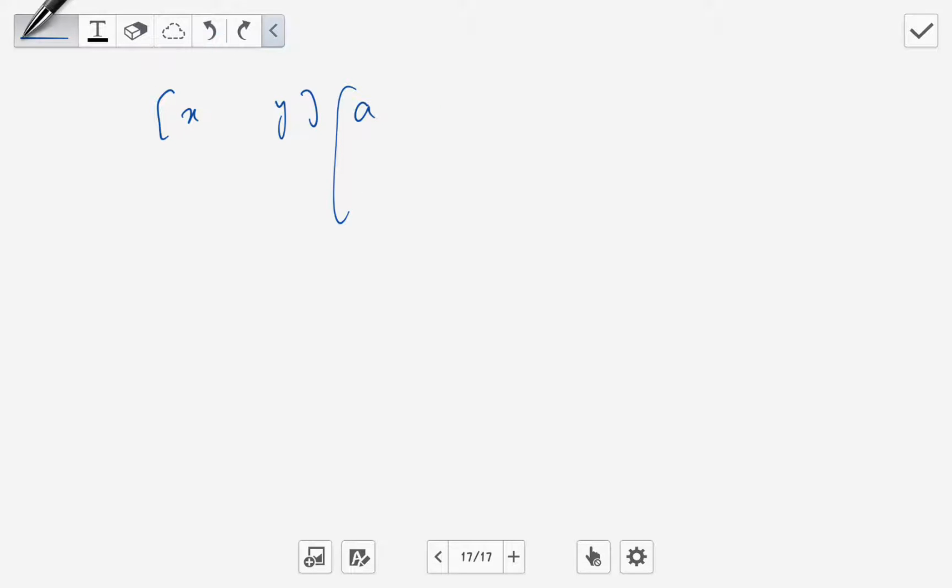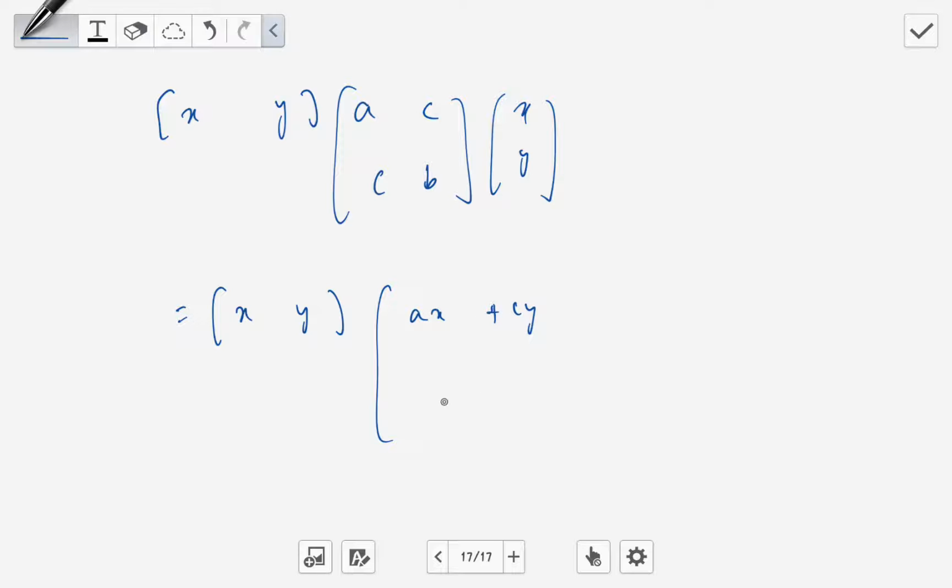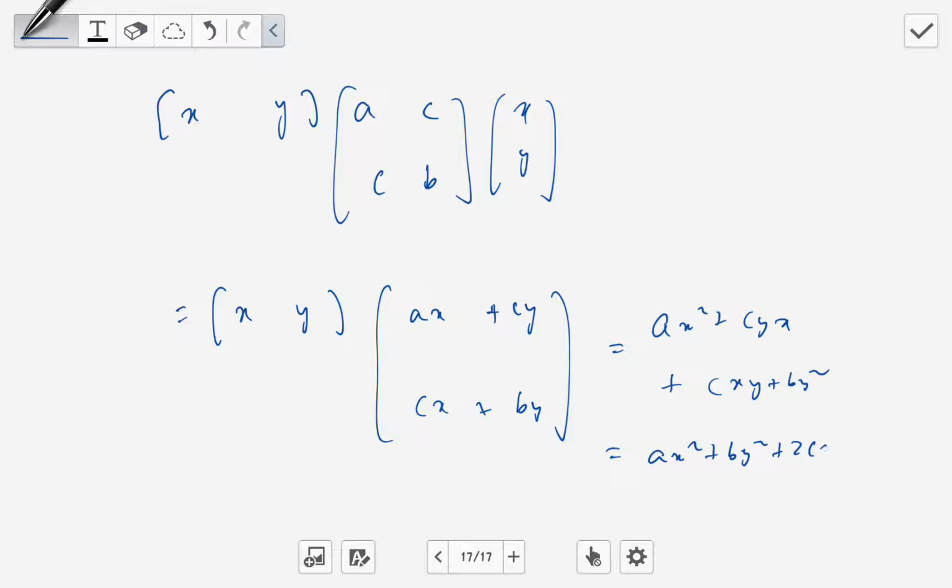This is x y times (ax plus cy, cx plus by). Now this is ax squared plus cxy plus cxy plus by squared, which is ax squared plus by squared plus 2cxy.